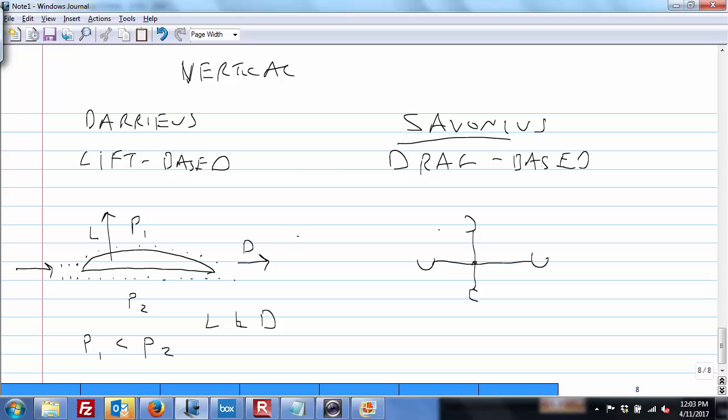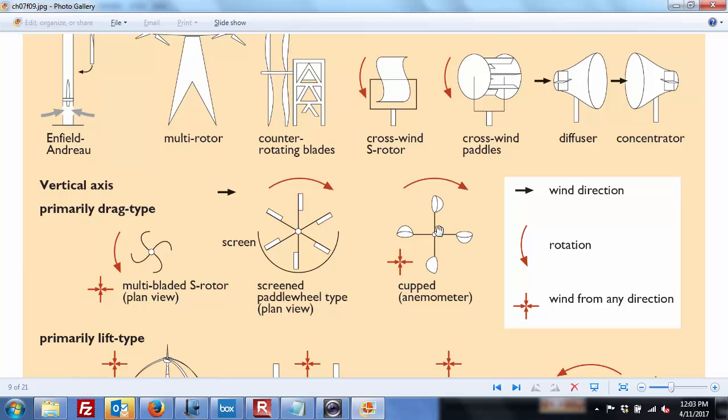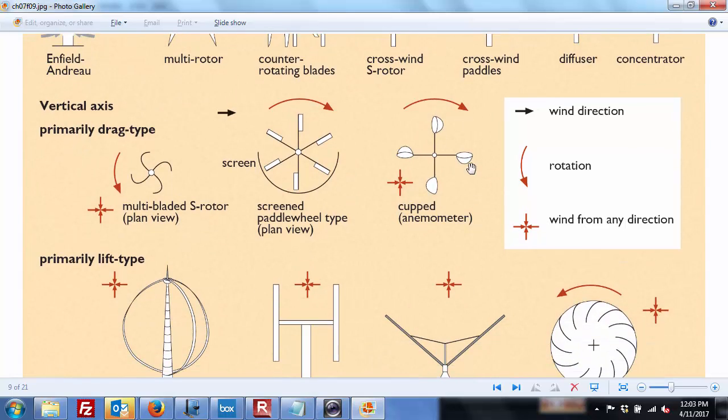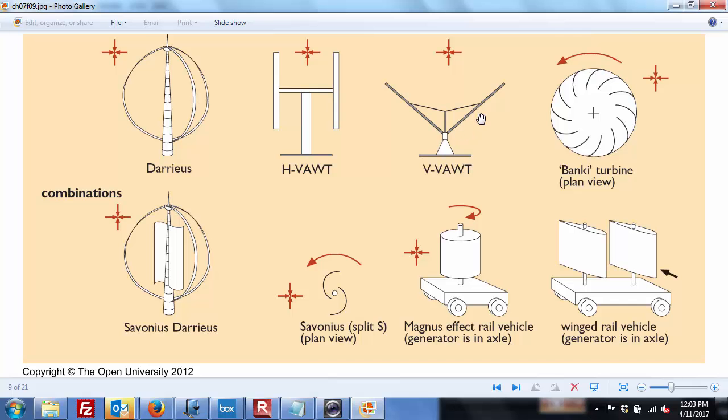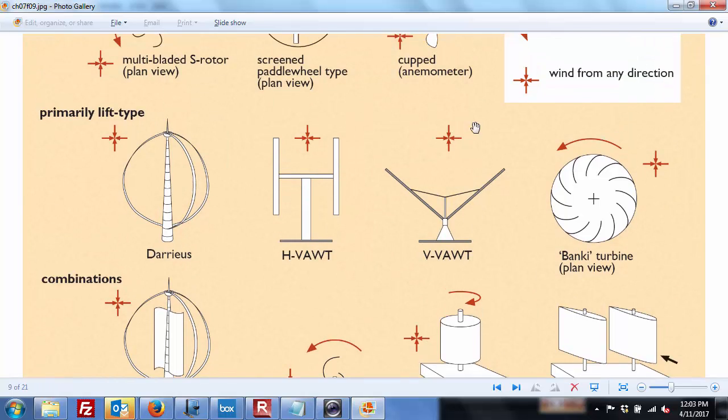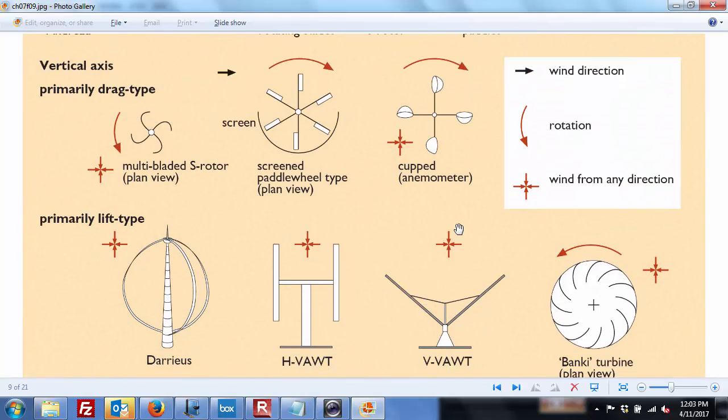I think they have one of those outside of the gym. There is a vertical axis, and man, that thing is neither. It's neither a Savonius or a Darrieus. Let's see if it's even on this guy. I thought it was an S rotor. Yeah, it's sort of a helical S rotor. It's a helical S rotor.